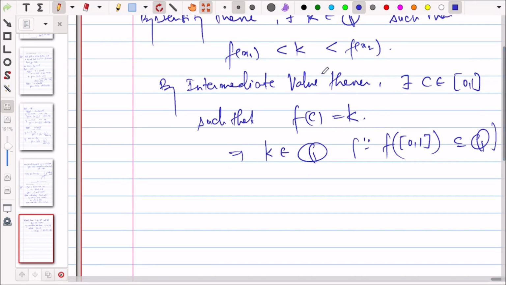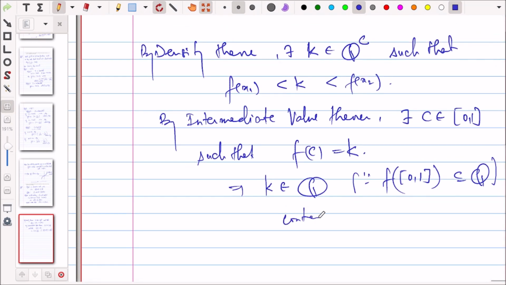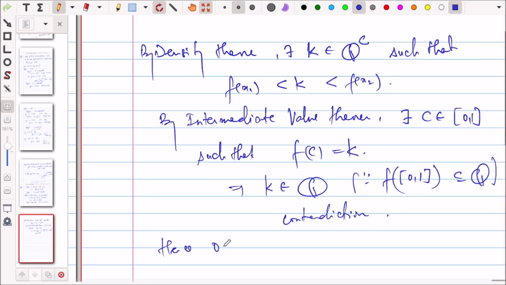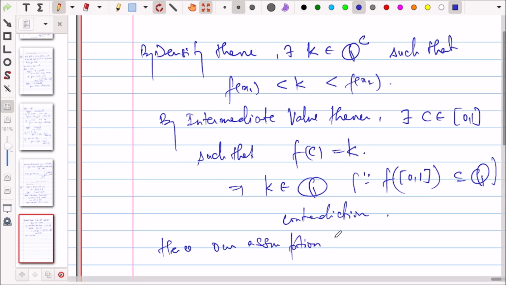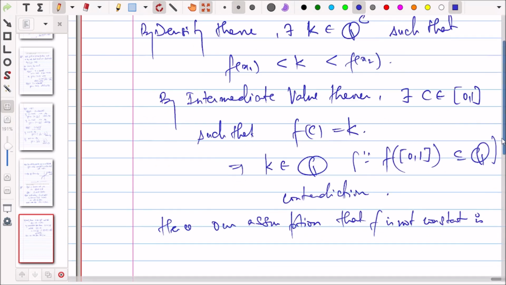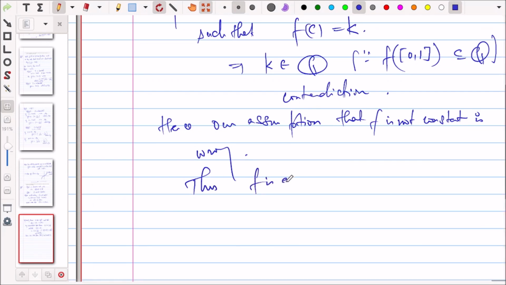So k is a rational value, but here we are given that k is irrational, a contradiction. Hence our assumption that f is not constant is wrong, thus f is a constant function.